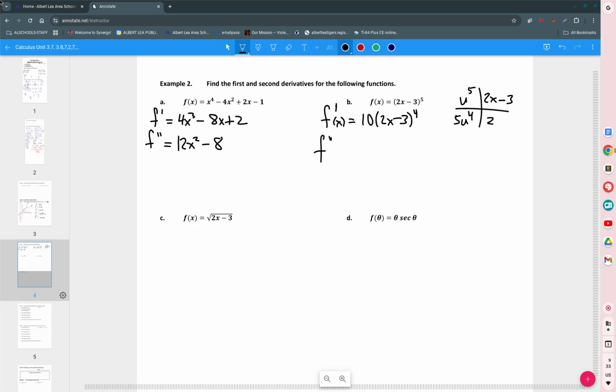Shoot, how do I do the next derivative? Chain rule again. Oh, 10u to the fourth, 2x minus 3. So I've got 80 times 2x minus 3 to the third. Not too bad, huh? It's about to get worse, I can tell.